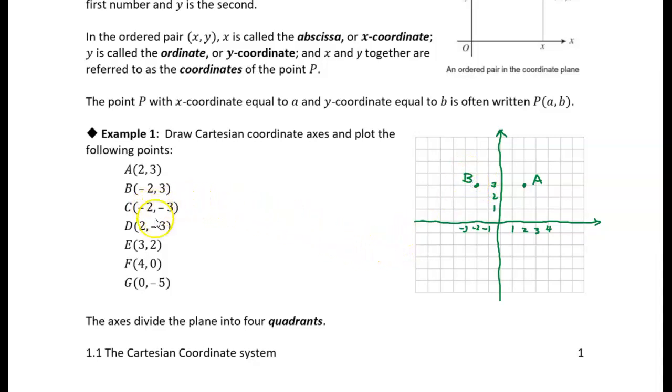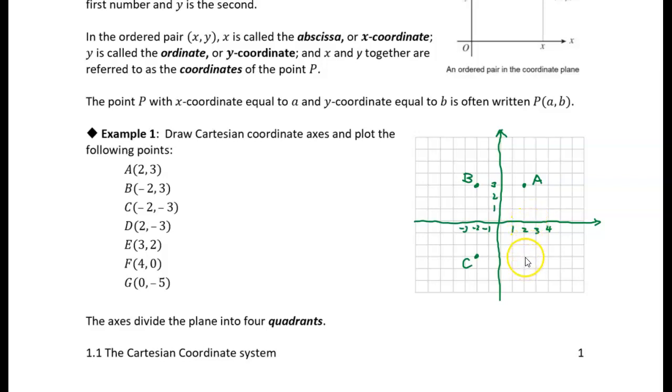Point C is (-2, -3). So we're going to go -2 in the horizontal direction, and then -3 in the vertical direction. So there's the point, which I can just label as C. Point D is 2 units in the positive horizontal direction, and then -3 in the vertical direction.